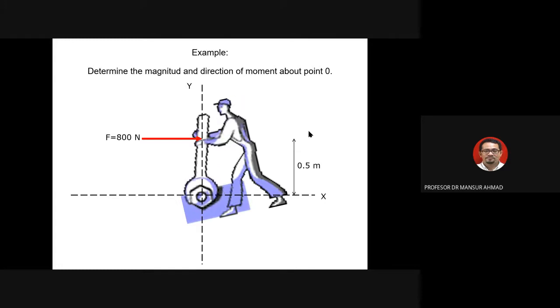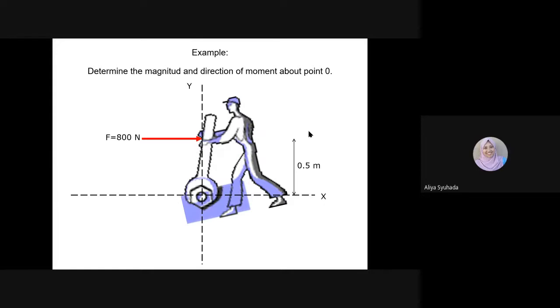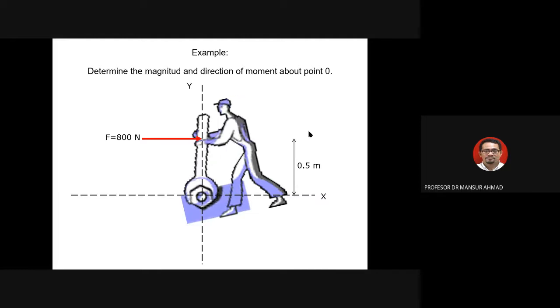Okay. So my question is, when you have this negative moment in this example here, are you loosening or you tightening the bolt? Tightening, ya. Kita mengetatkan bolt. Betul? Semua dapat rasa tak? Dapat. Okay. Pernah gunakan spanner kan?